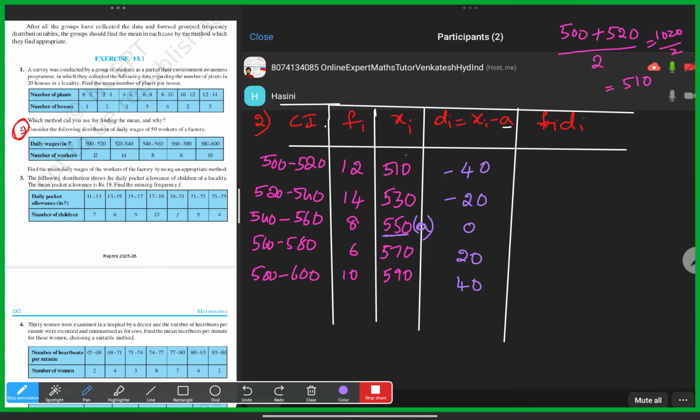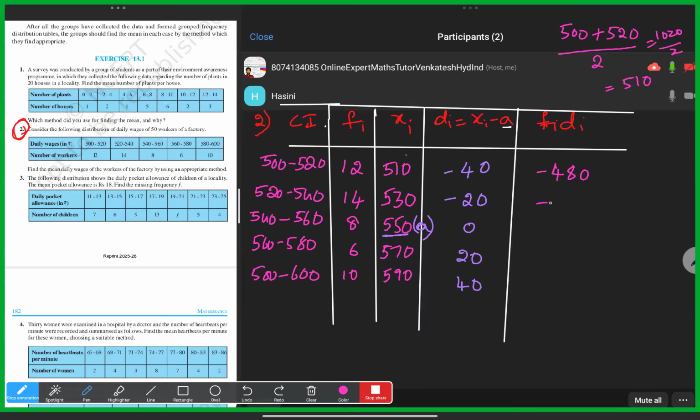We just need to multiply 12 into 4 and keep the 0. 12 into 4 is how much, Hasni? 48. We should keep 0, so 480. 12 into minus 40 is minus 480.